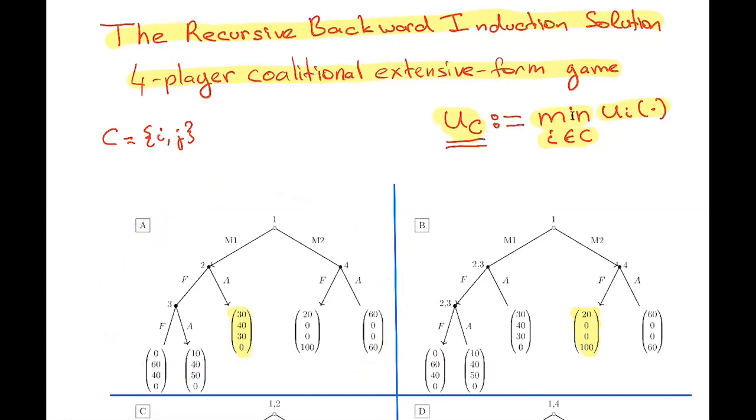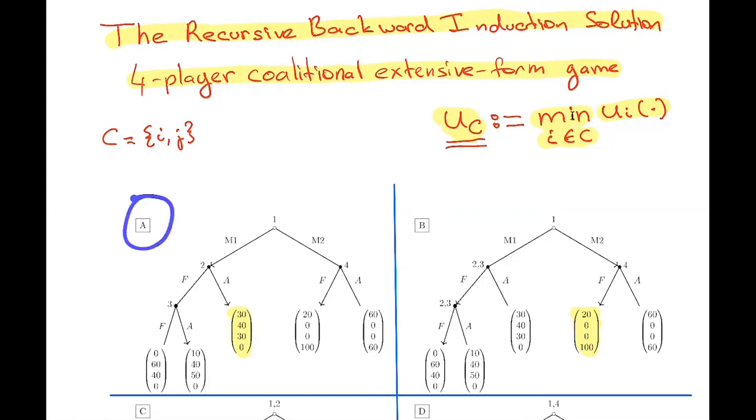In this context, it means that players can cooperate on top of being able to choose non-cooperatively. And I will illustrate the recursive backward induction algorithm on this game in 4 steps.